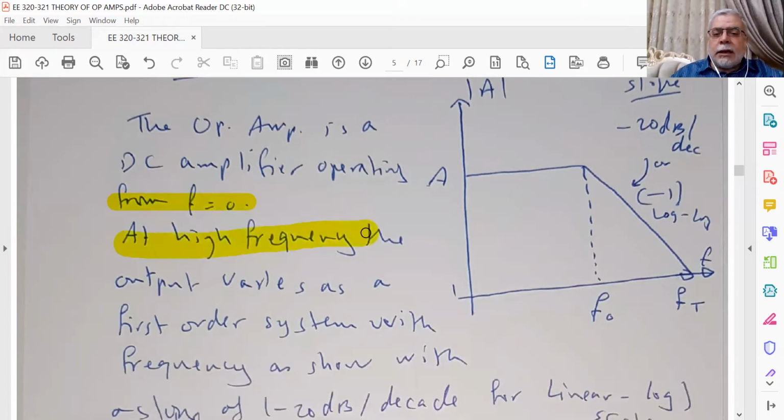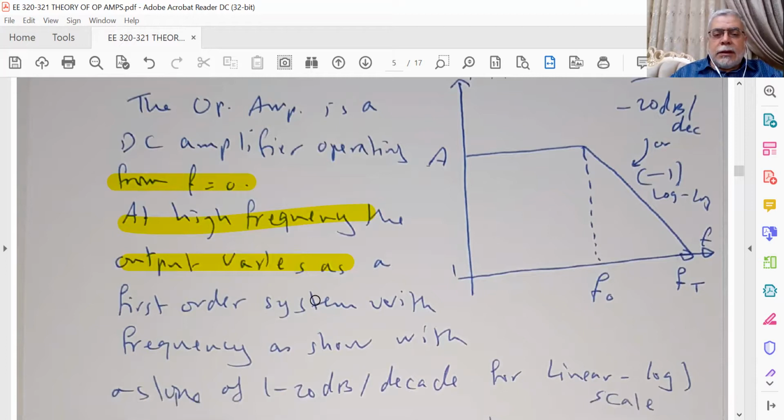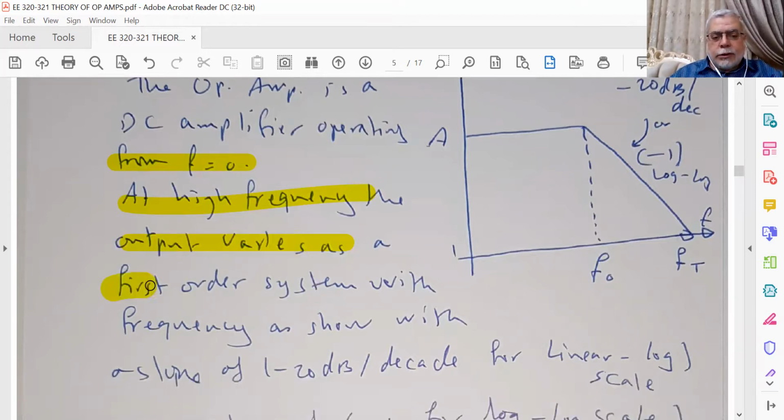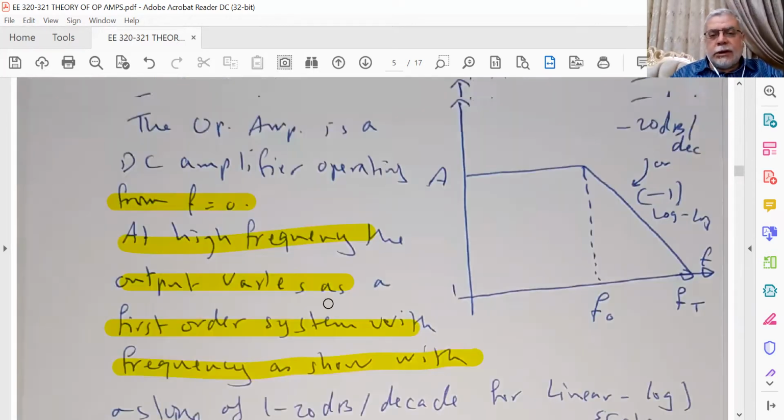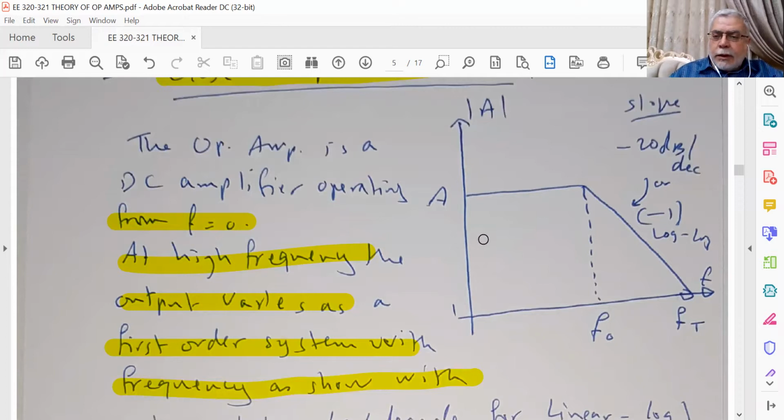There is a high cutoff frequency, a high value of frequency at which the operation can be achieved without distortion.